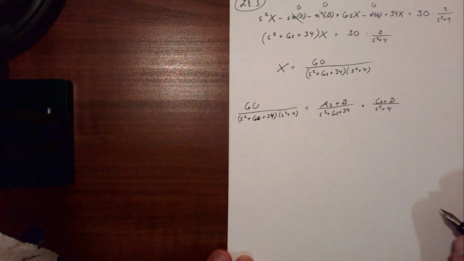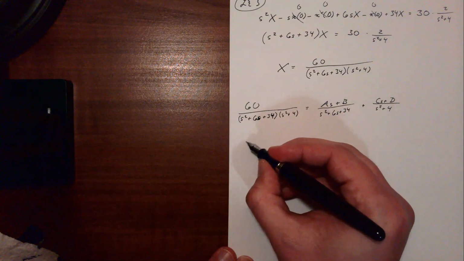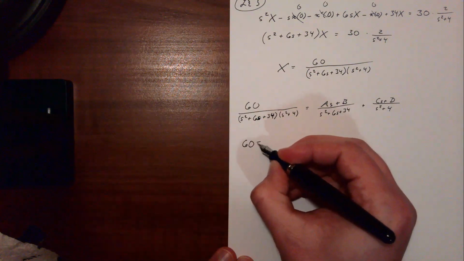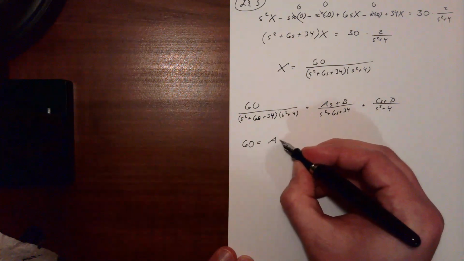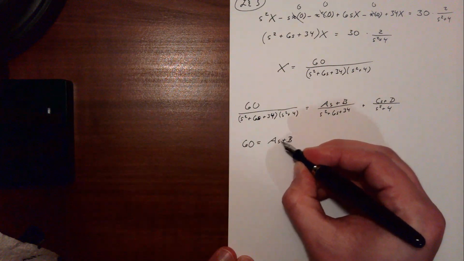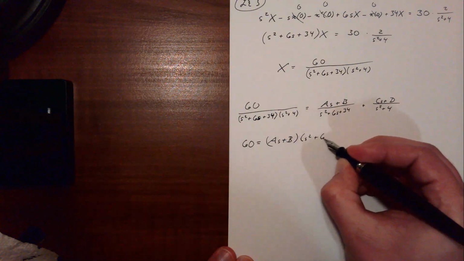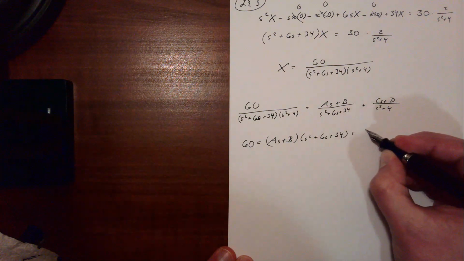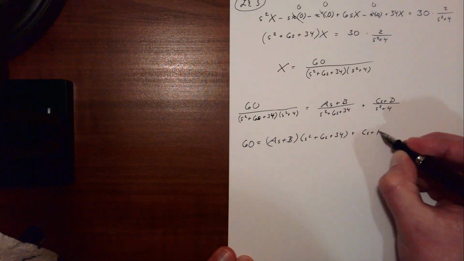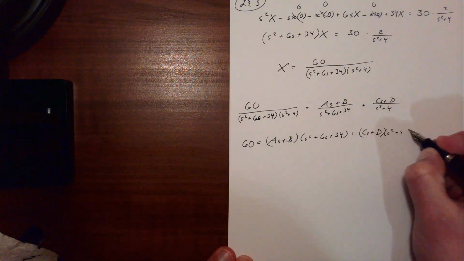And so now we can again take it to the next step, which is multiply everything by the denominators, and we're going to get As plus B times s squared plus 6s plus 34 plus Cs plus D times s squared plus 4.